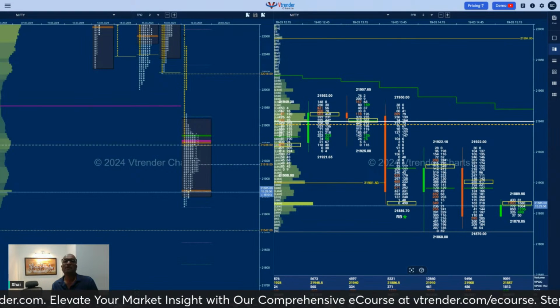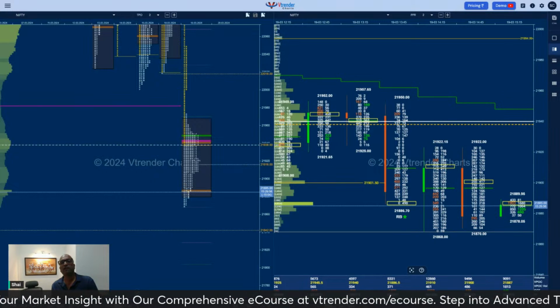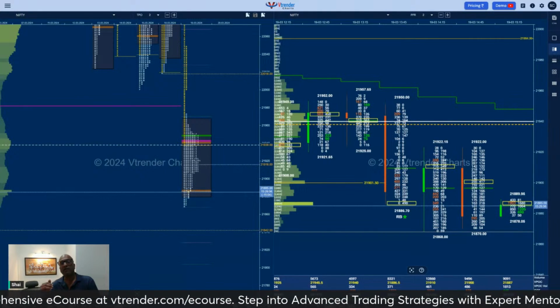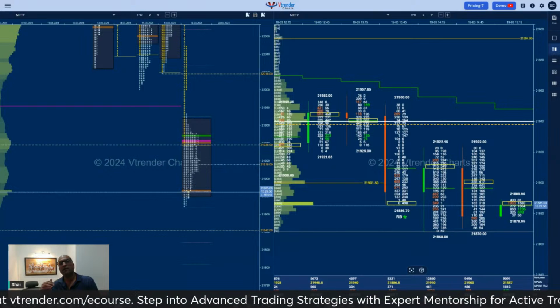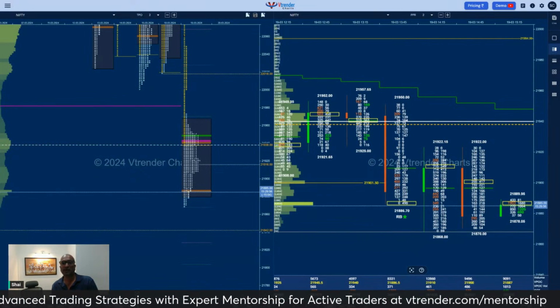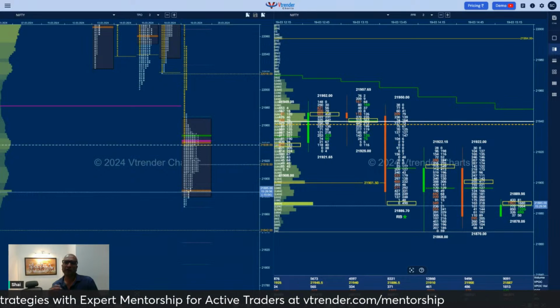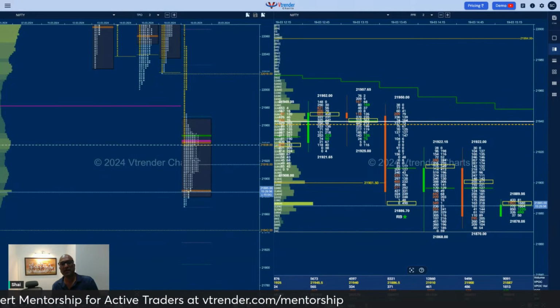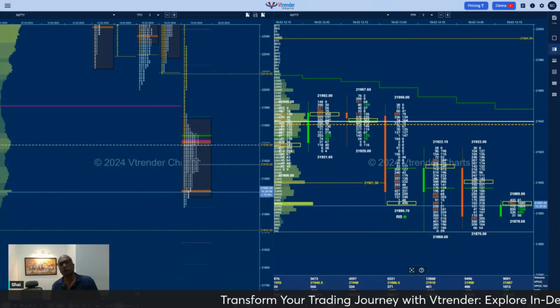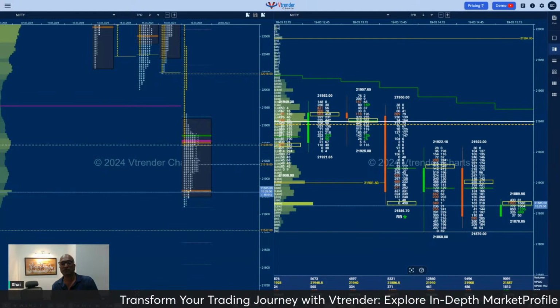And if VWAP is dropping, we are getting more weighted price, more volume coming in below the average price of the trade. So if you get a situation where price is moving in the market, and the VWAP is not rising, it is telling you that the rise is coming on lower volume. It's not coming on heavy volume, right?